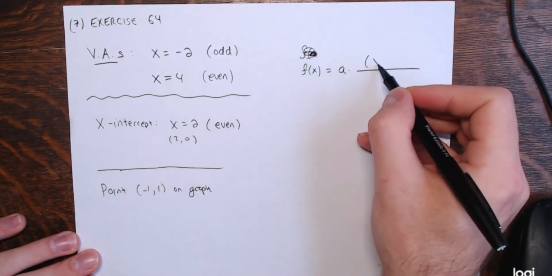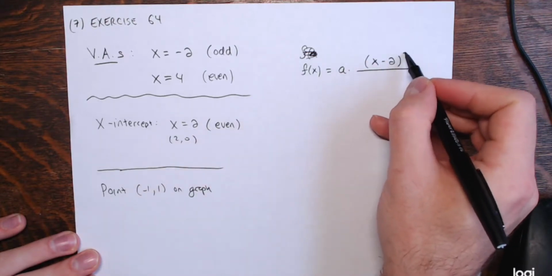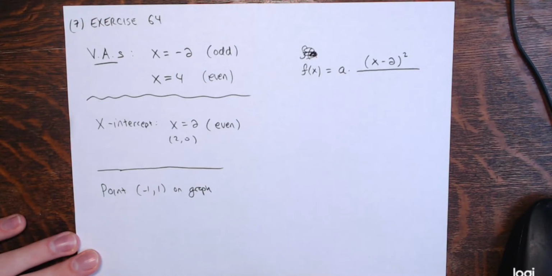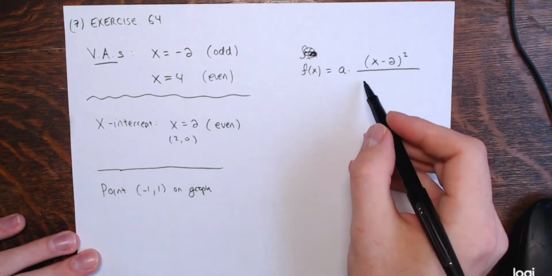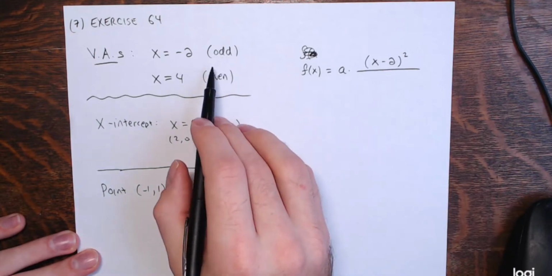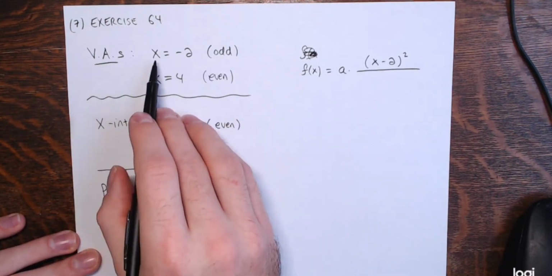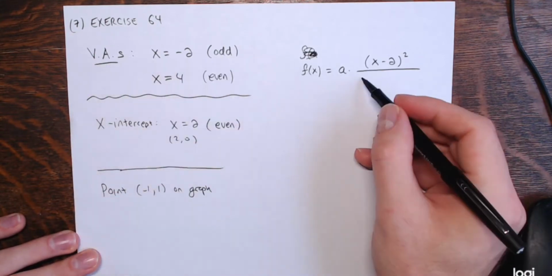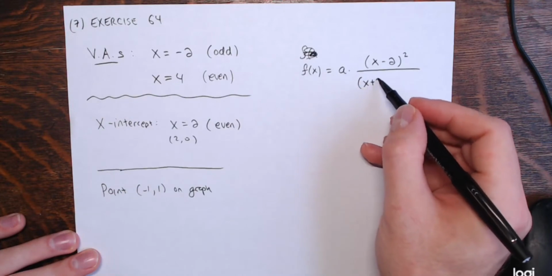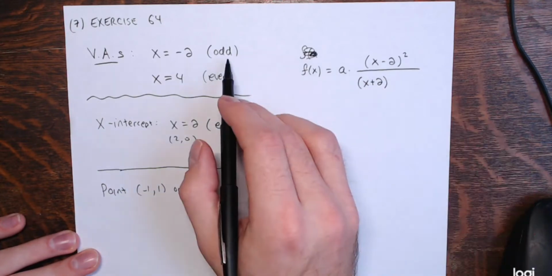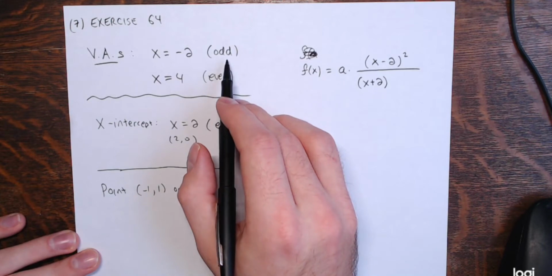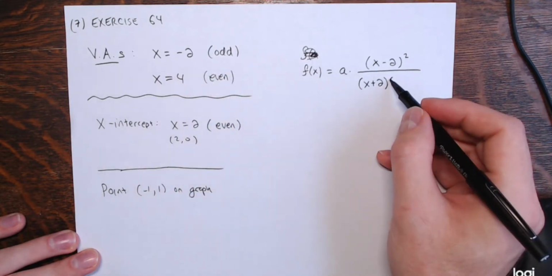So x minus 2 to the second power. And then the denominator factors come from the vertical asymptotes, VAs. x equals negative 2, so x plus 2 is a factor, to an odd power, right? The graph was going in opposite directions on either side of that one, so I'll just leave it to the first power.